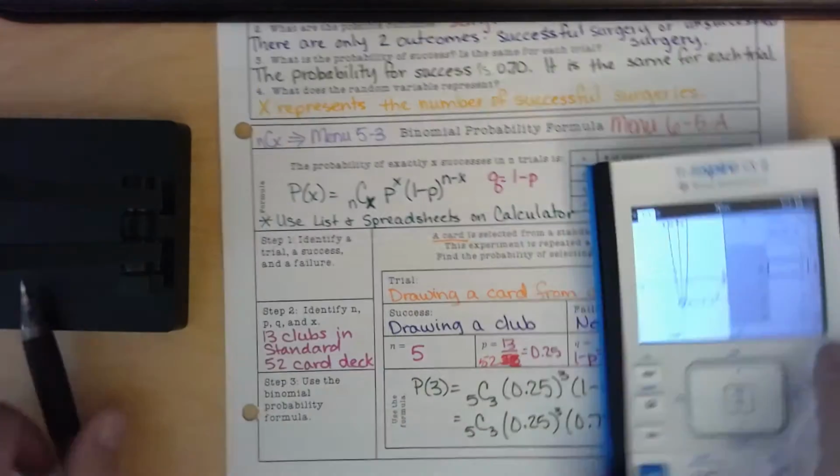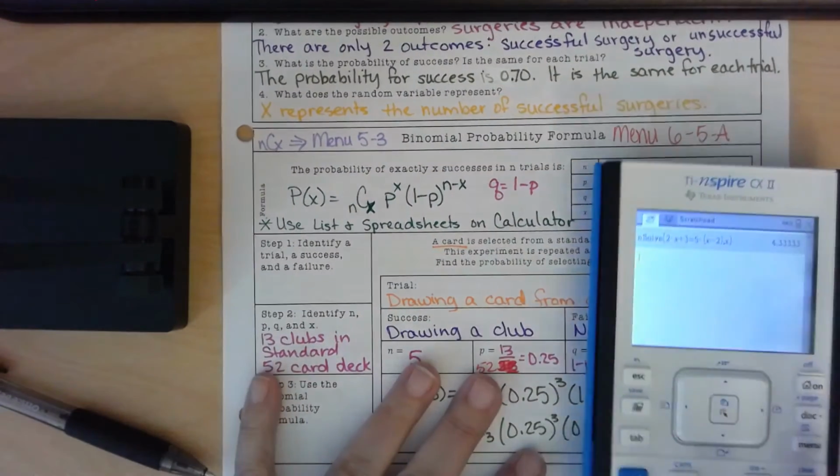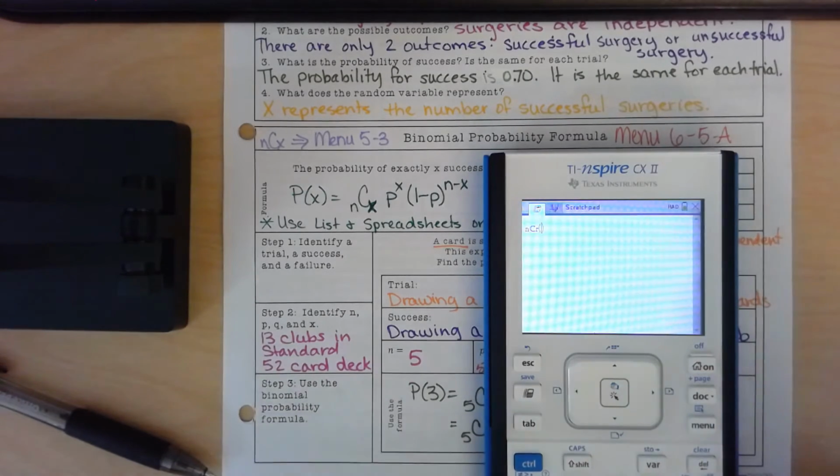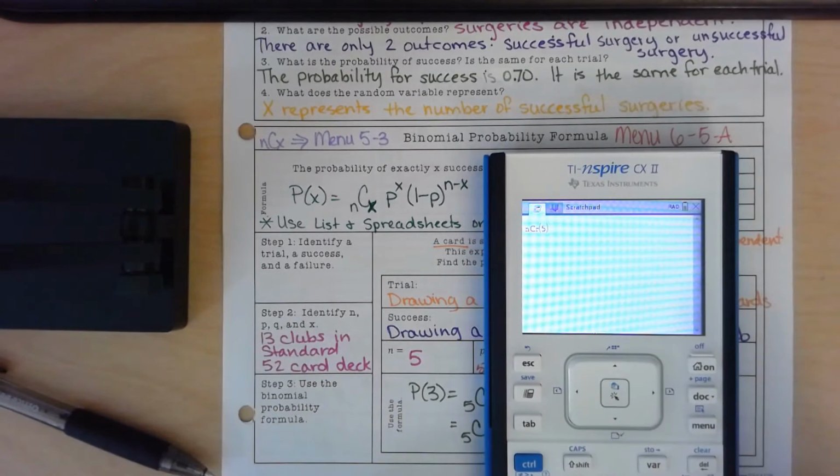So in our calculator, this is what that would look like. Menu 5-3, 5 comma 3, so n comma x, times our probability, which we can put in as a fraction. We know that we had 13 out of 52. That would be our probability, raised to how many we want to be successful.